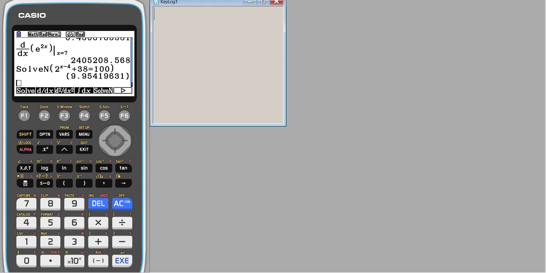I've got a solve n and a solve. I'm going to use the solve n, and I'll put in e to the power of 2x minus 3 is equal to the natural log of 2x plus 1.